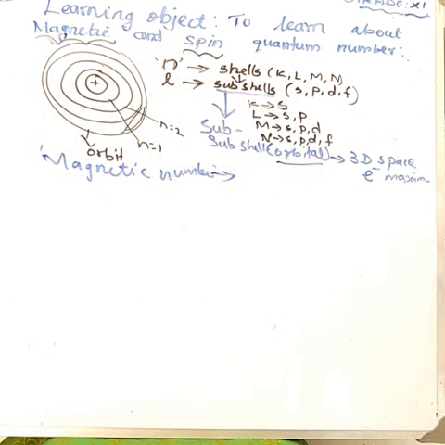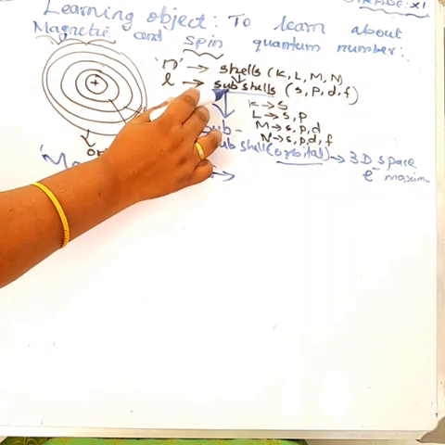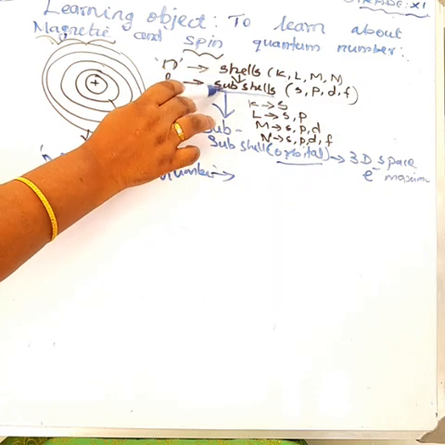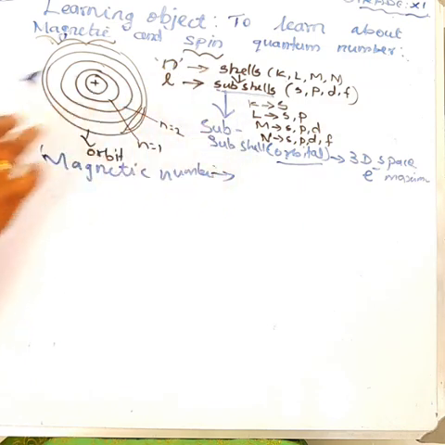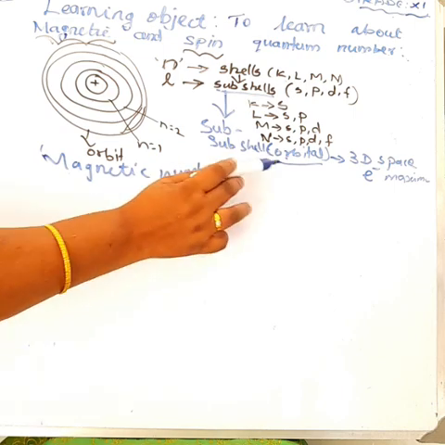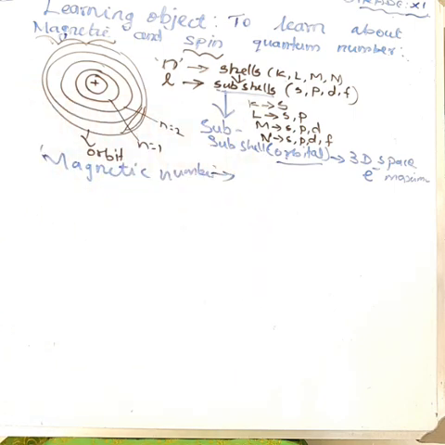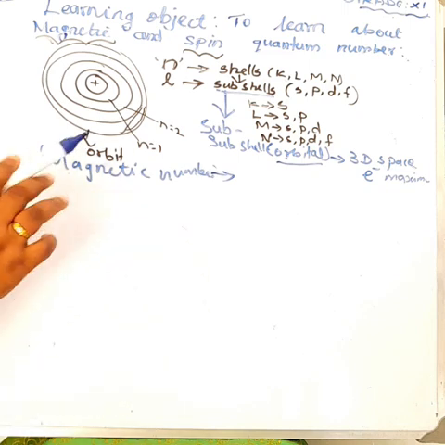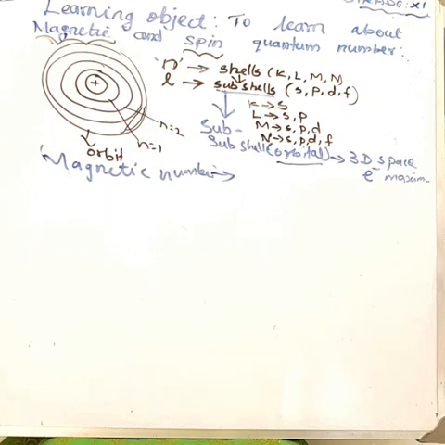The subshells are divided into orbitals. Within the orbitals, electrons are present. Within the orbital, electrons revolve around the nucleus. Understood?